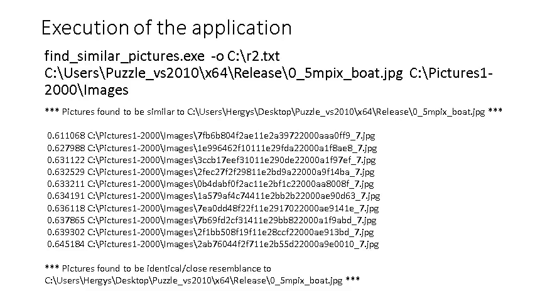Here we have different results: the distance values of our reference picture from the pictures in the database, the 10 most relevant pictures that are similar to the reference, and the only one picture that is identical or close.